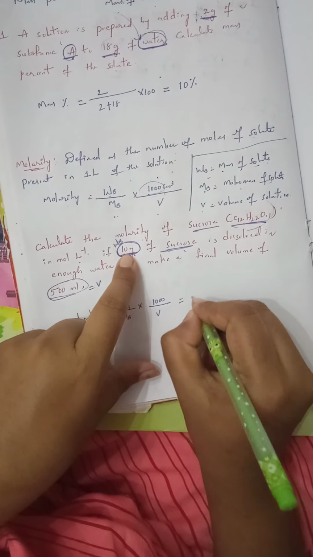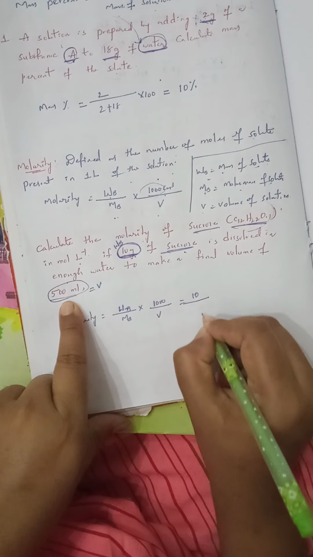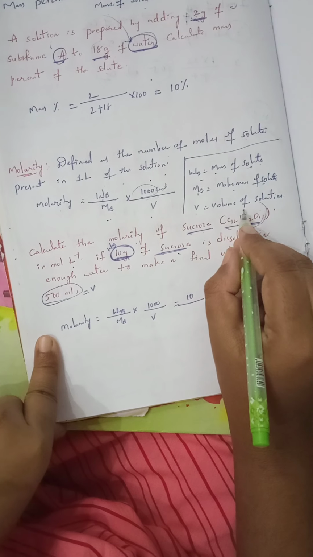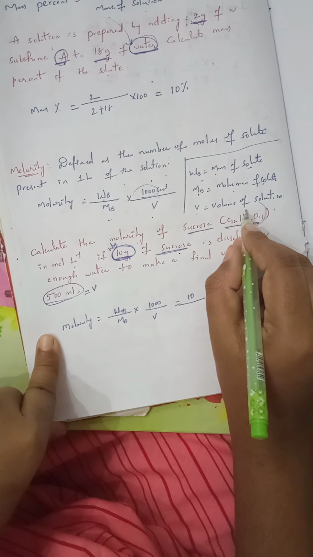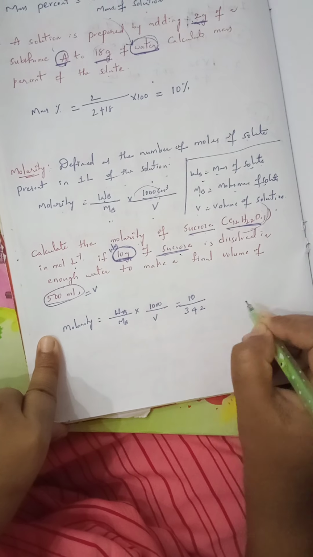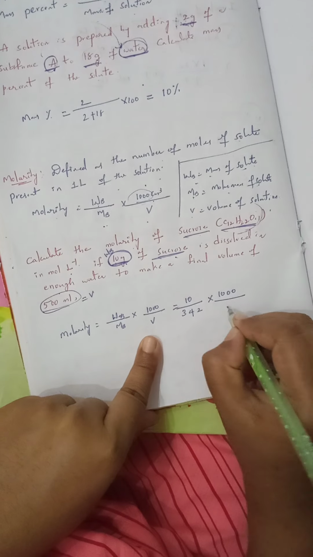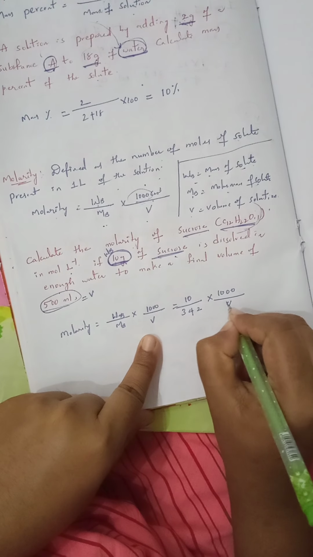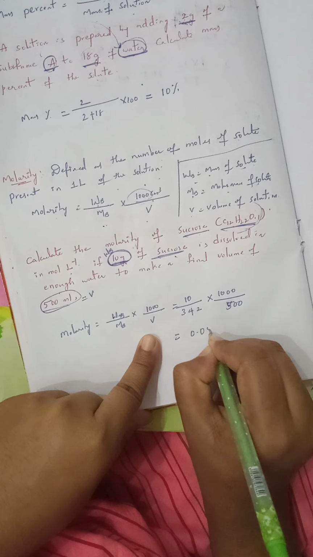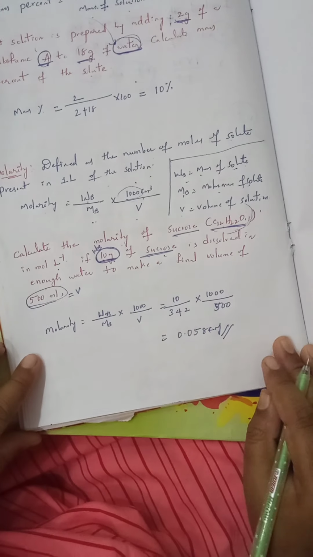WB is 10. MB you get by adding the atomic masses of the elements present, which gives 342. Into 1000 divided by the volume of the solution, V, which is 500. By calculating all this you will get 0.0584 molarity. That is about the molarity of the given volume of solution.